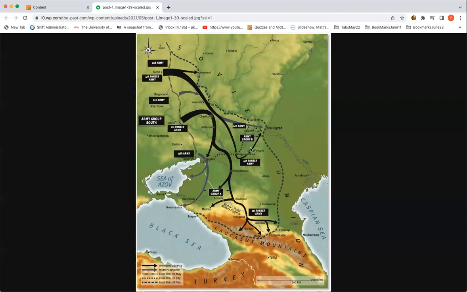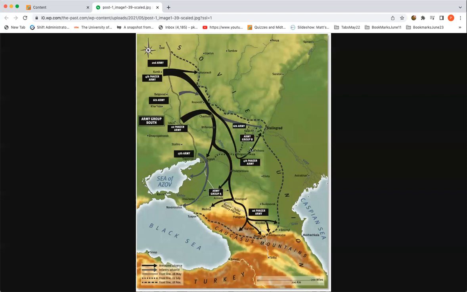Hitler is sending his panzer group, his tanks, all over the place. And what he does is he gives the Soviet Union precious time to regroup in Stalingrad, to think about a defense of Stalingrad. And he slows down his own offensive.